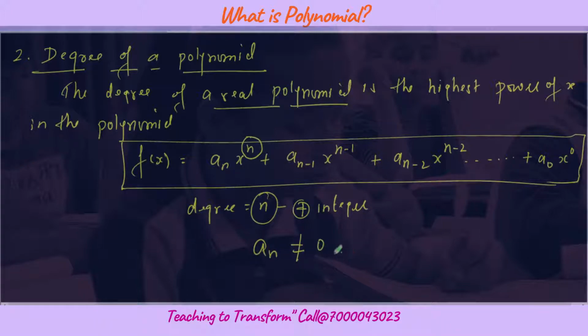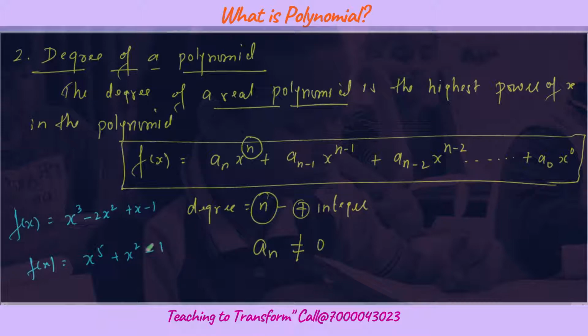So these are the conditions you should check and understand while dealing with the concept of degree of a polynomial. Now, for example, f of x is equal to x to the power 3 minus 2x square plus x minus 1, or f of x is equal to x to the power 5 plus x to the power 2 minus 1.